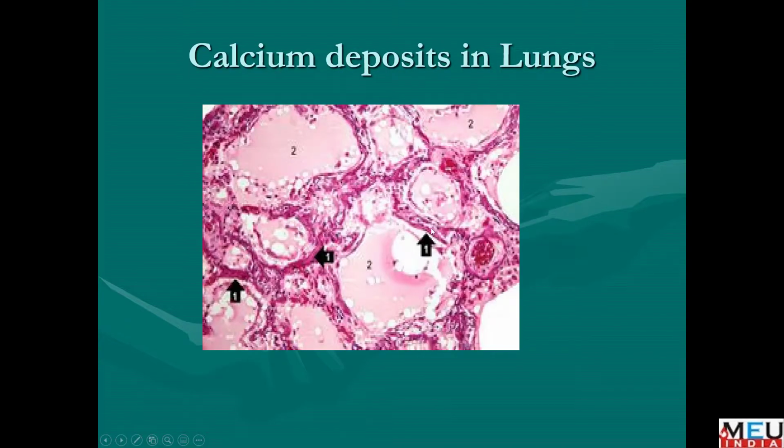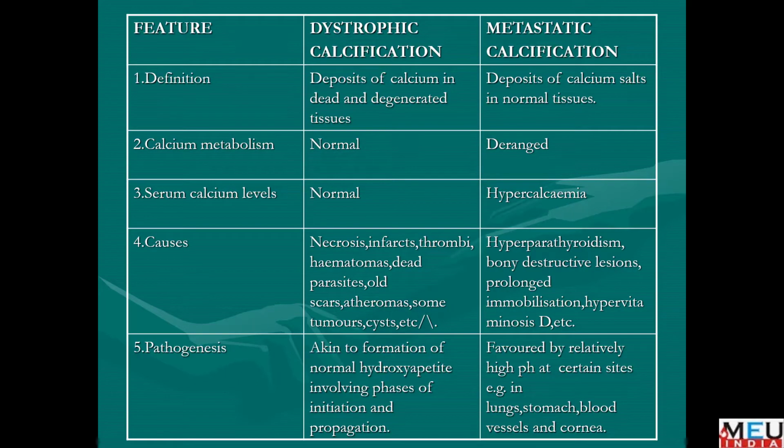In the lungs, there is deposition in the walls of the alveoli, and they take special staining. The alveoli become hardened.